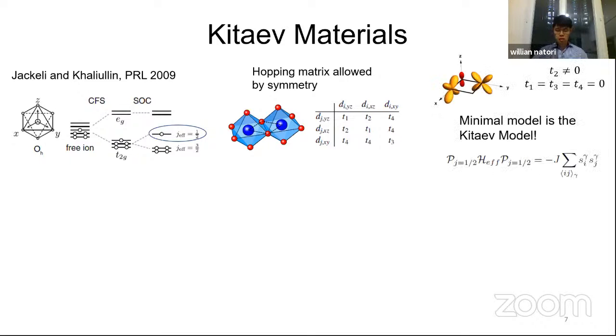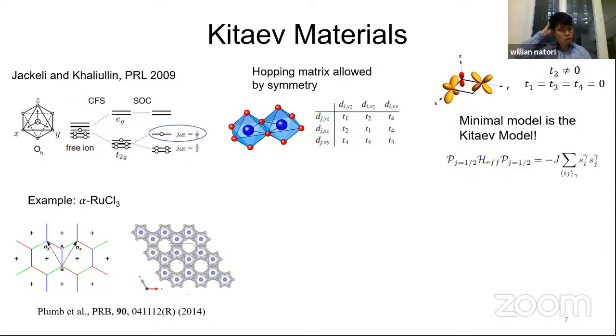So if you do the same derivation of minimal models using second order perturbation theory, and you just consider the case in which only this hopping matrix t2 is not zero, you will find out that the minimal model is exactly the Kitaev model.